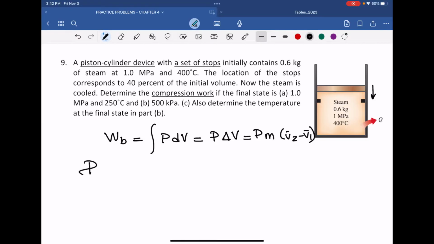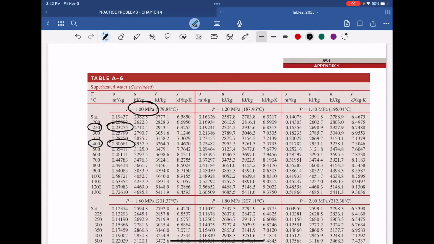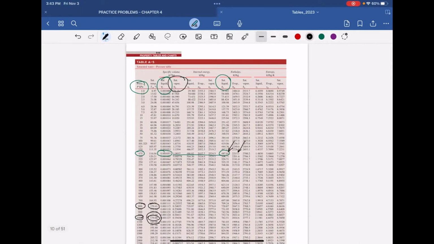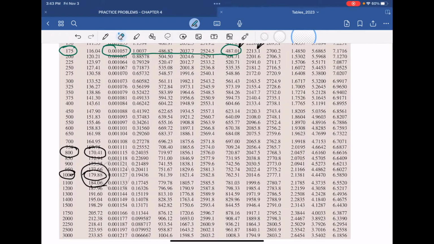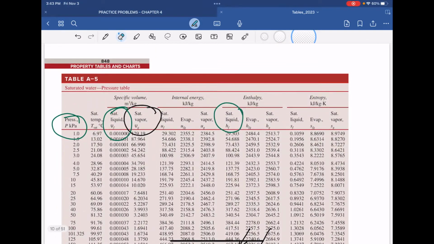Because at state 1 we have 1 megapascal and the temperature is 400. We look at the tables. I previously did this, but let's show it again. So here this is water. They don't exactly say it is water, but they say steam, so I think this is water steam.